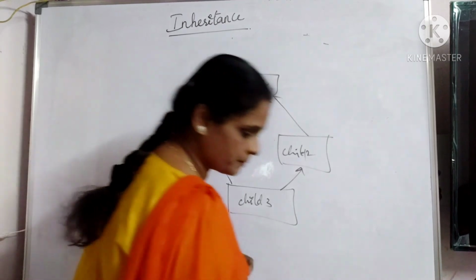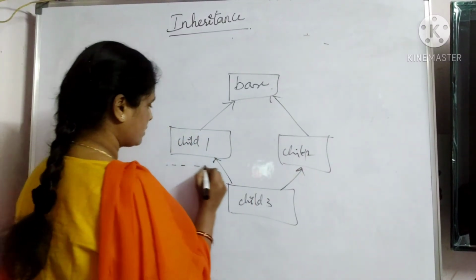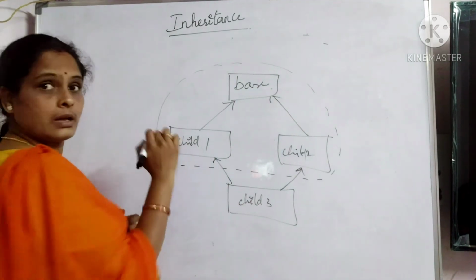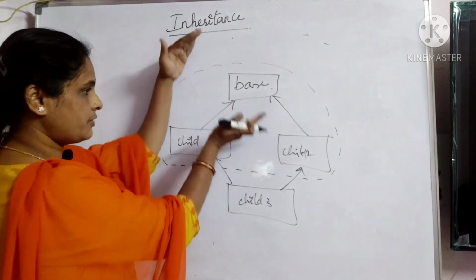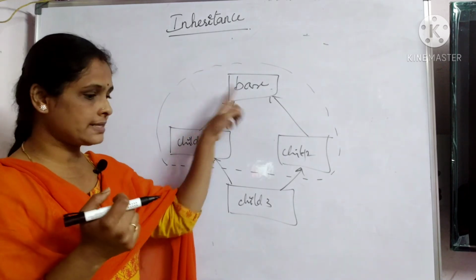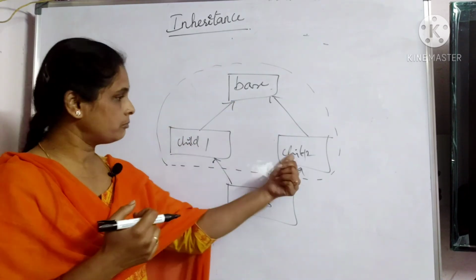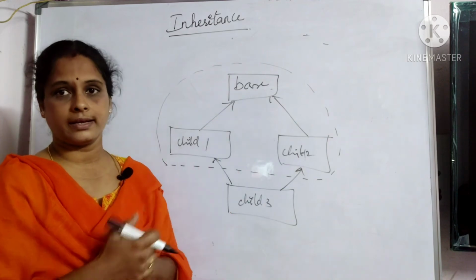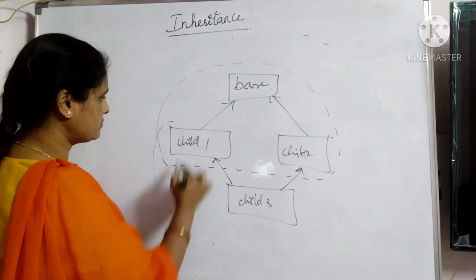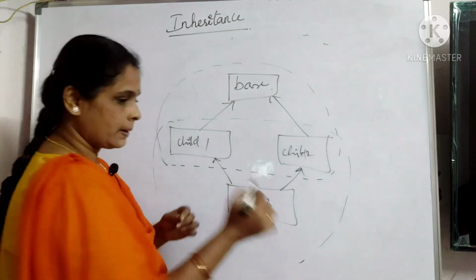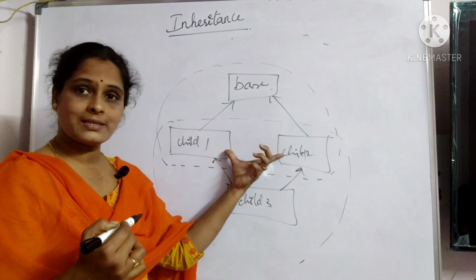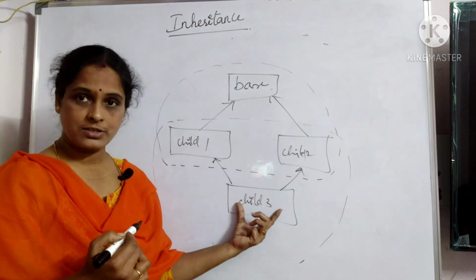If you observe the first half, it is a hierarchical inheritance, where only a single base class is there and one or more children are inherited from it. And observe the second half: it is multiple inheritance, where two base classes are inherited into a single child class.